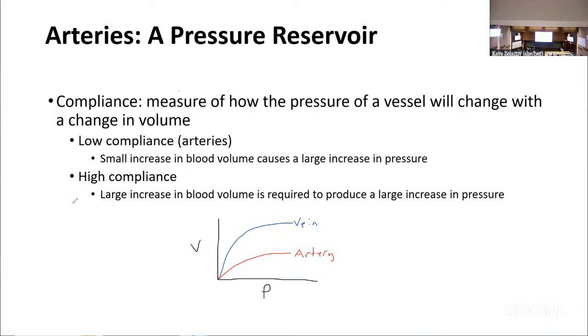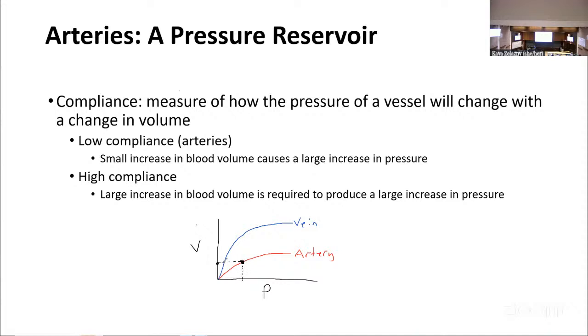So what we would do on here is read, here we have some arbitrary amount of volume, right? So we're imagining some blood, that's what we're thinking when we're thinking about volume, going into this blood vessel. So if we read over how much pressure that causes the blood vessel to have, our artery here is going to have some amount of pressure.